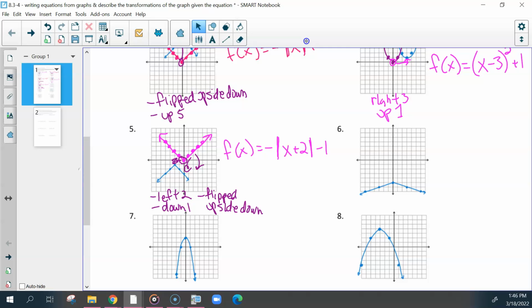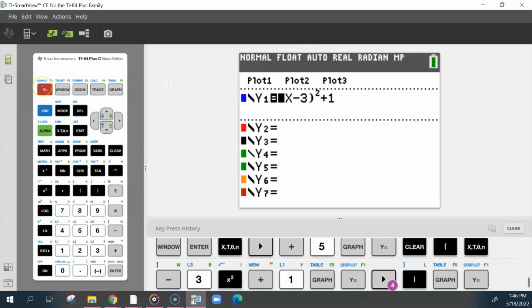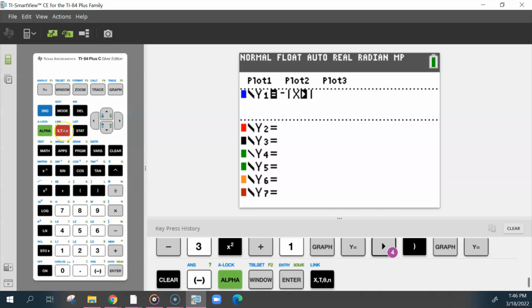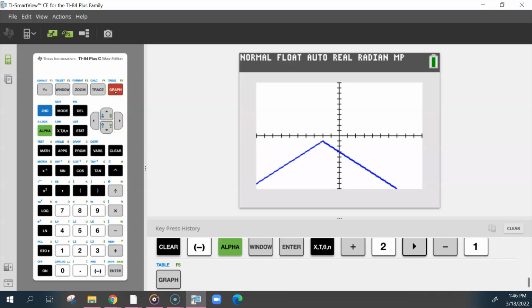So let's put that in the calculator and see if that works. That would be negative absolute value of x. We're moving left, so that would be plus 2, minus 1. It's flipped upside down. It's moved left 2. It's moved down 1.